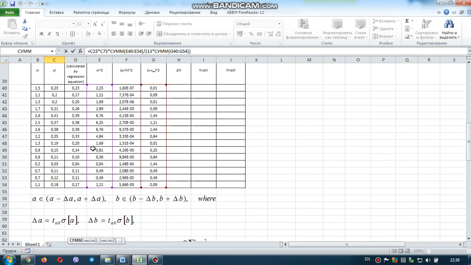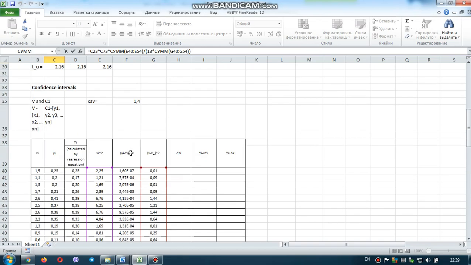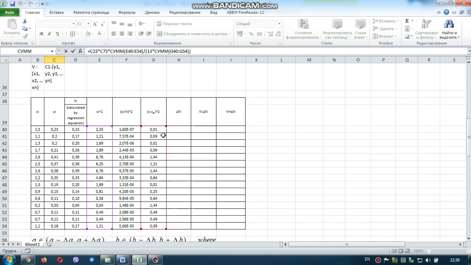The x squared values are already calculated and divided by the n minus 2, 13, multiplied by the sum of squared xi minus average values, these values.